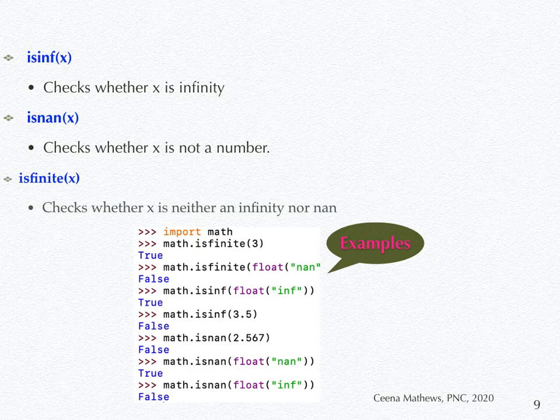And the third function is isfinite. It checks whether x is neither infinity nor nan. That is, it will return true if it is a finite number. Examples are given here: math.isfinite of 3 will return true. Math.isfinite of float of nan will display the result as false.